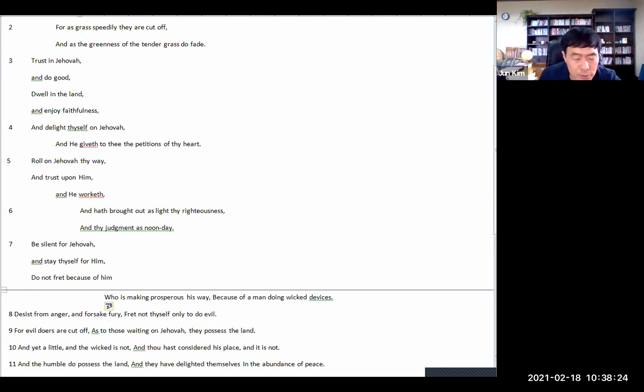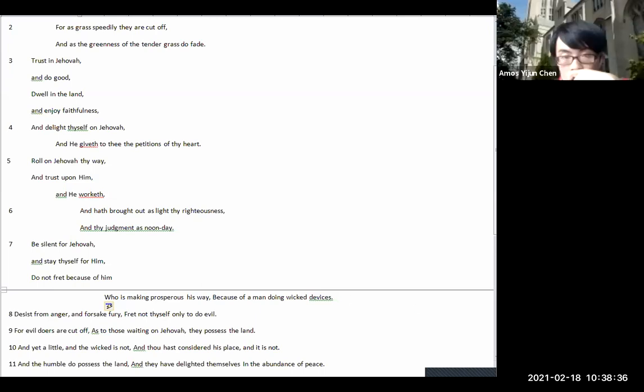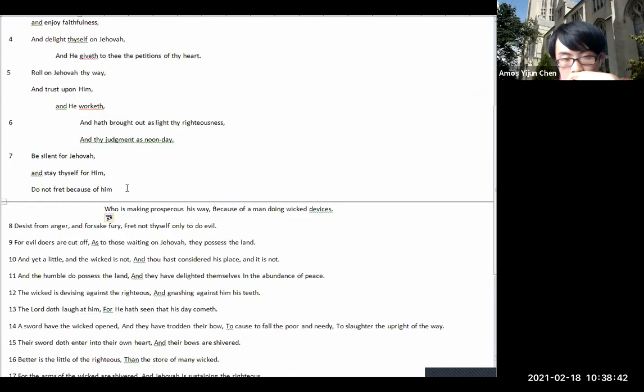And how are we going to analyze this part? Who is making prosperous his way because of a man doing wicked devices? How are you going to do this? Professor, can we go back one line, then put the because to the because?